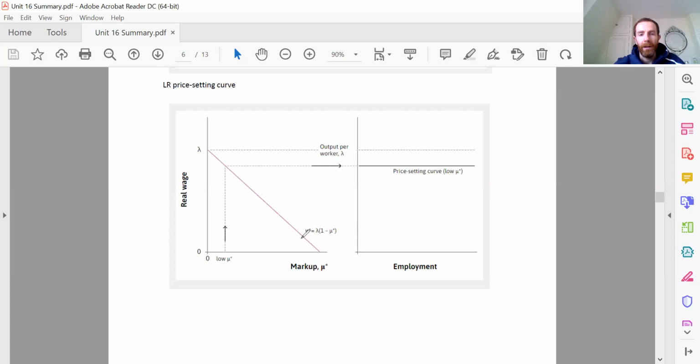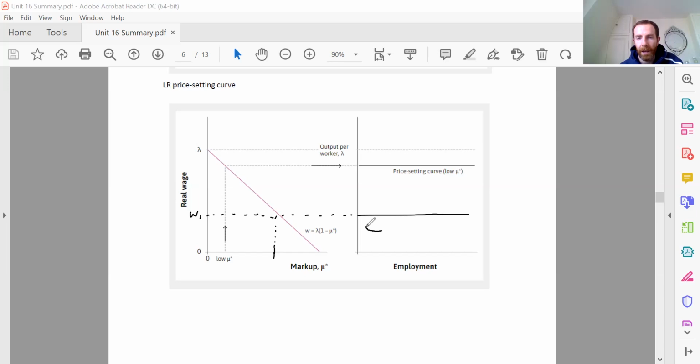Let's imagine that the equilibrium markup to begin with was here, and that would mean a real wage level, let's call it W1. And that's going to tell us where the price setting curve is. So here's our original price setting curve with this higher equilibrium markup.